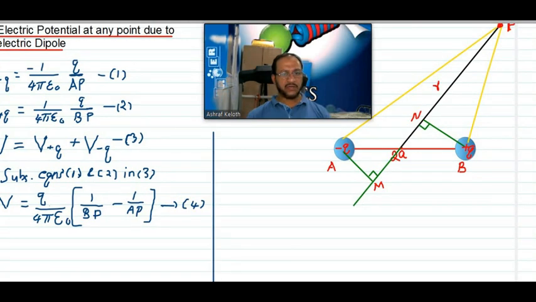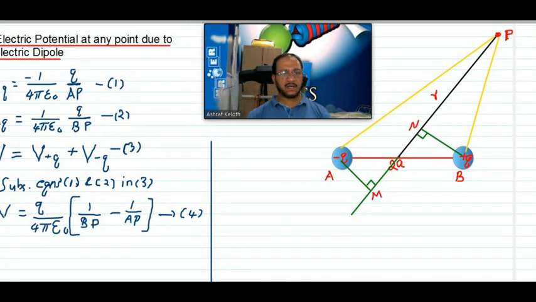In this last equation, that is Q by 4 pi epsilon naught, 1 by BP and 1 by AP, we don't know how much 1 by BP and 1 by AP are. These two values are unknown. We are given only the magnitude of the charges plus Q and minus Q, the distance 2A between them, and also the distance R from the center.